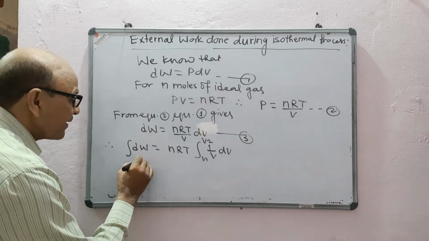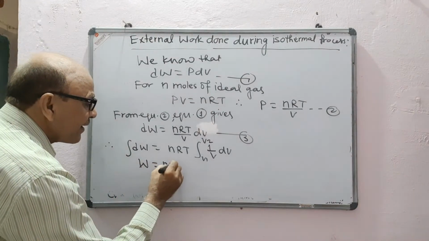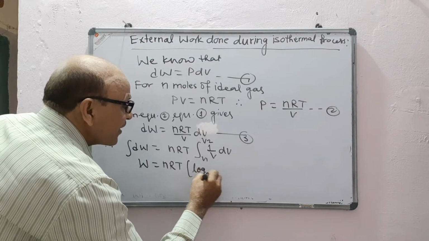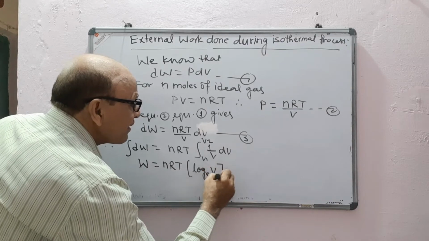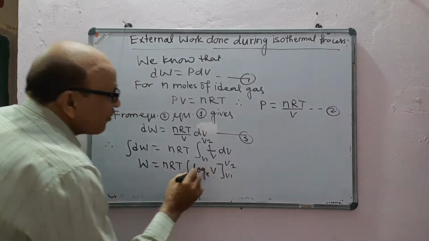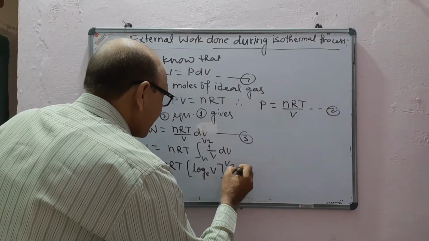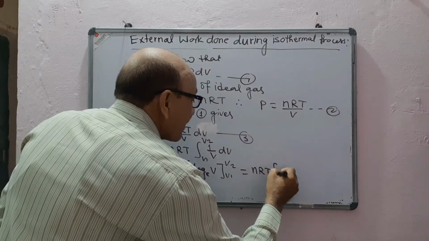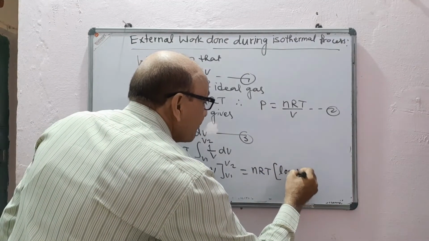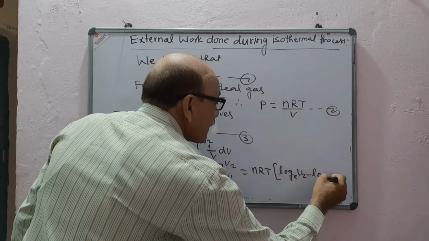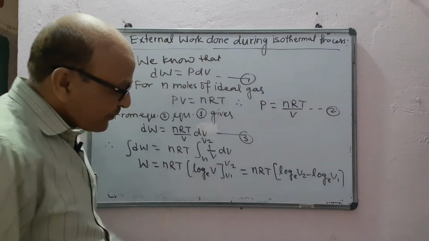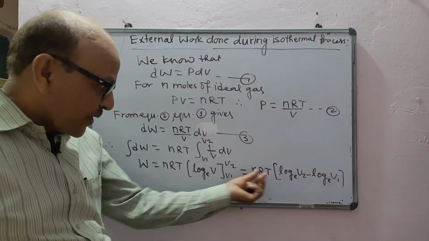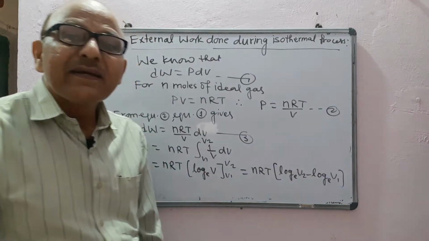So you get W is equal to nRT log base e of V from V1 to V2. When you open this bracket, you get nRT log V2 minus log V1, and from relation log A minus log B is equal to log A upon B, you can write it as log V2 upon V1.